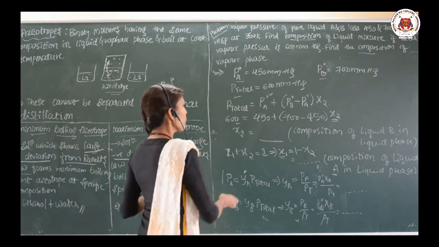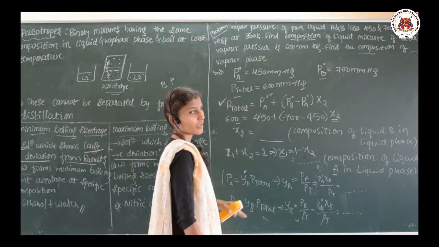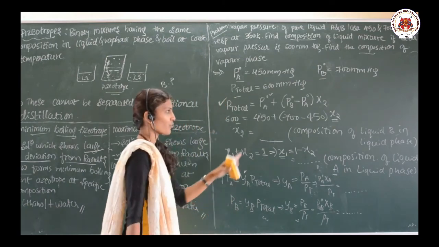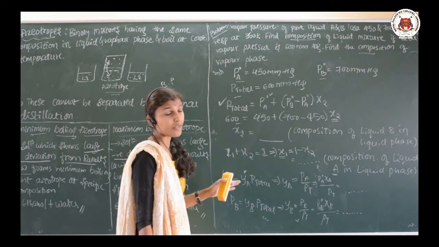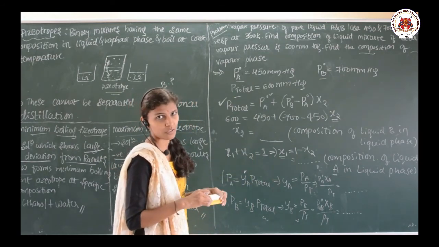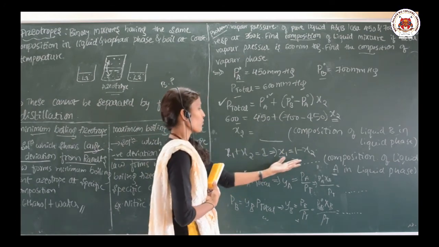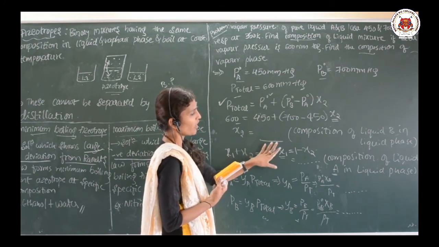According to Raoult's law, P total is equals to PA naught plus (PB naught minus PA naught) into X2. By substituting all the values, you are going to get X2. So X2 is the composition of liquid B in the liquid phase, and similarly you can calculate X1 using 1 minus X2, and you get the composition of A and B in the liquid phase.